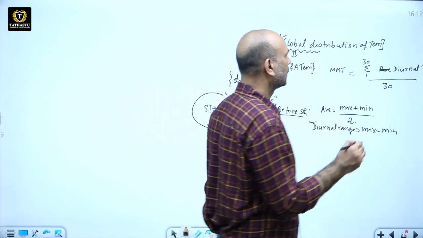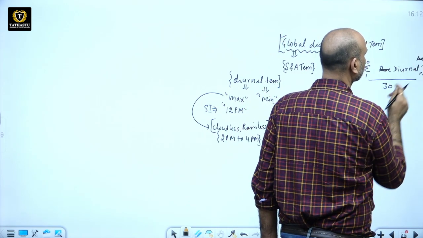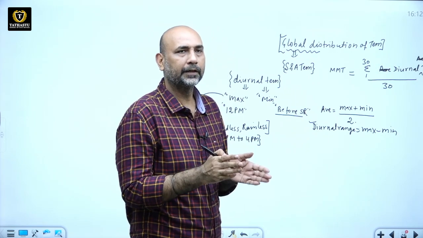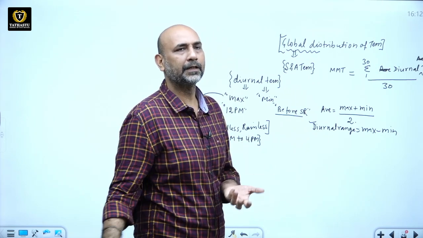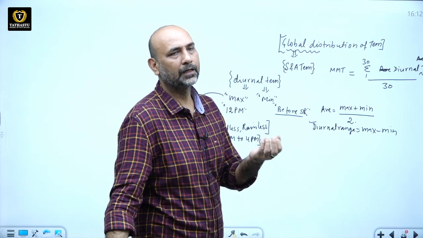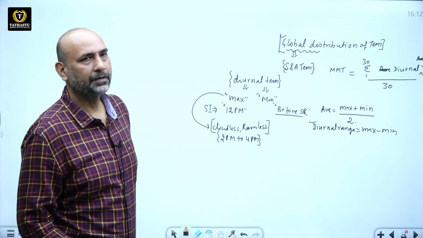Means the diurnal average temperature of all 30 days, or 29 days, depending on the number of days in a month, are added and divided by the number of days. That is called mean monthly temperature.